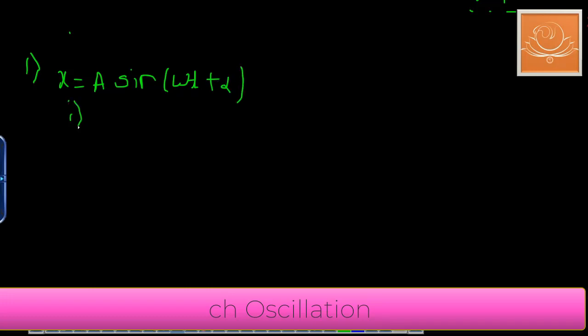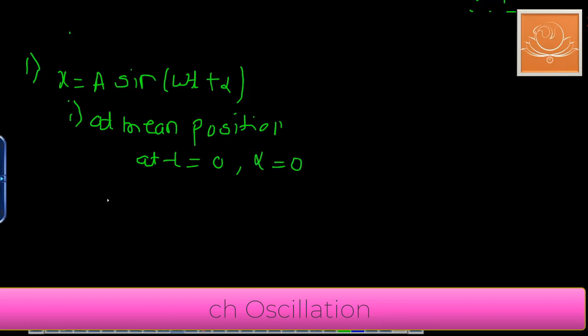Out of these, first at mean position, that means at t equal to 0, alpha is also equal to 0.